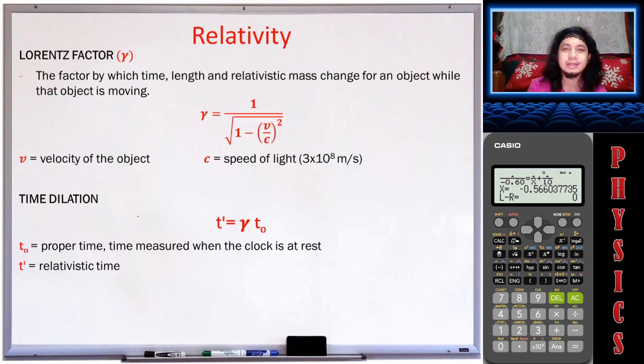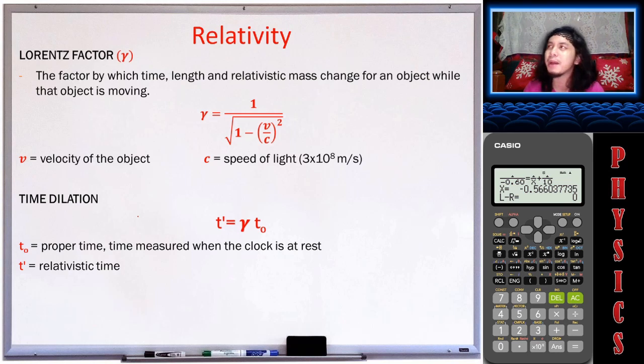Okay. So ito po yung mga kailangan nating tandaan or sauluhin na formula with regards to relativity. And pinakamahalagang formula or factor sa ating relativity is what we call the Lorentz factor. So Lorentz factor gamma is a factor by which time, length, and relativistic mass change for an object while that object is moving.